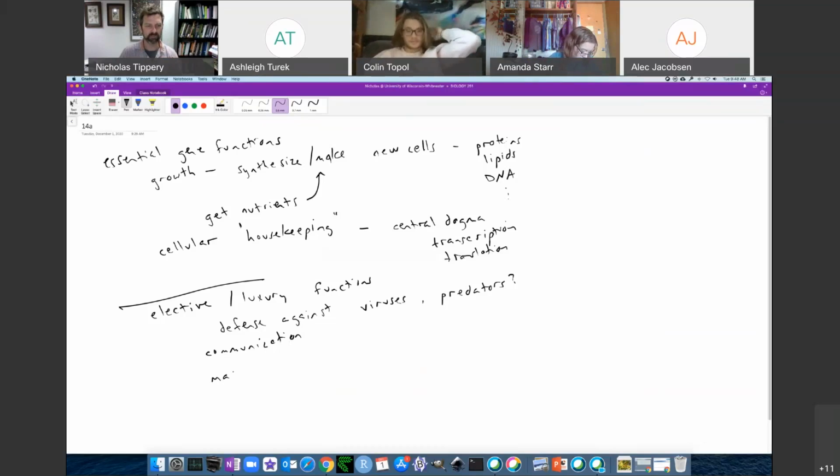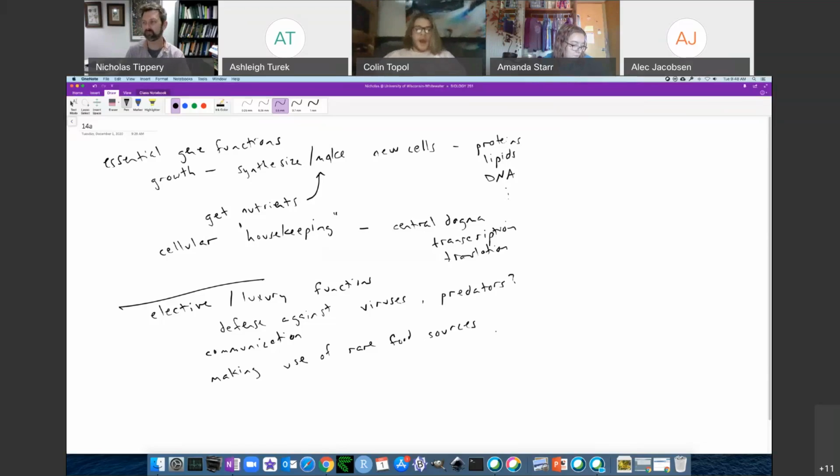One of the things we'll see in gene expression is responding to the presence of, say, a new food source. So something is available in your environment and you need to have an enzyme that can break it down.